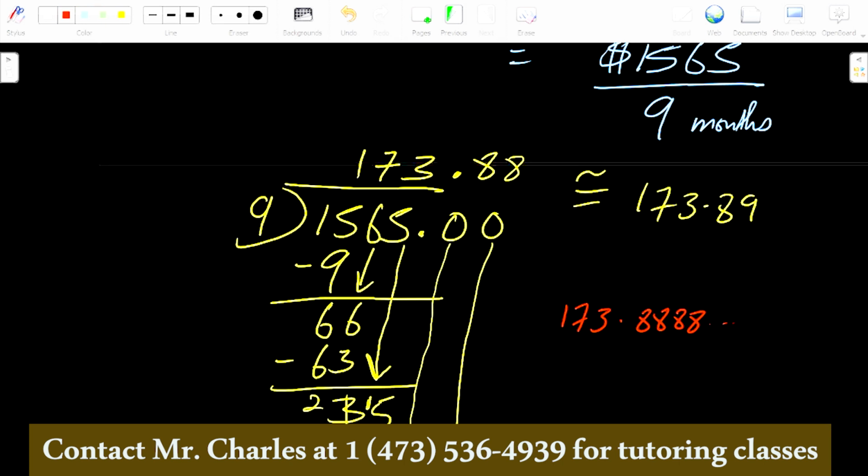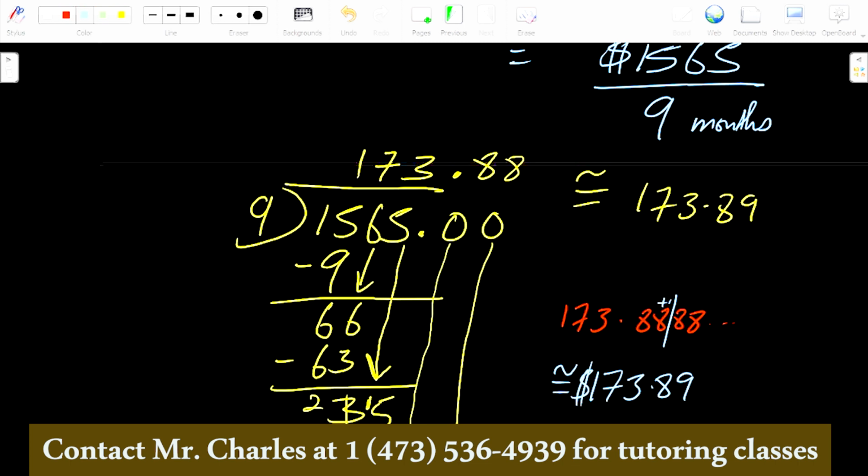So because of that, you have to round off to 2 decimal places, because when you're representing money, you use 2 decimal places. Since this 8 is greater than 5, you have to add 1 to the 8 to the left of the line, so you get approximately 173.89.